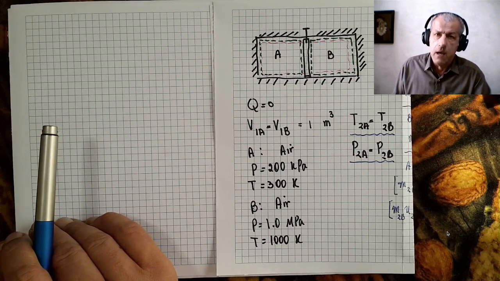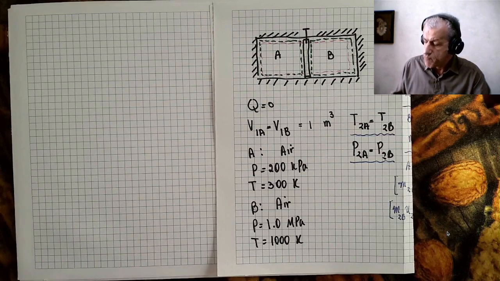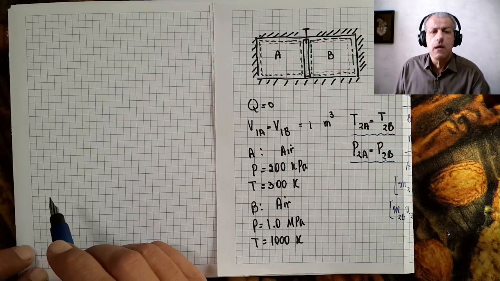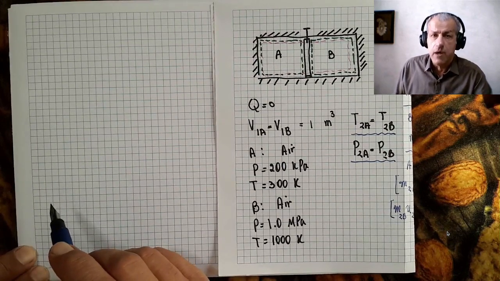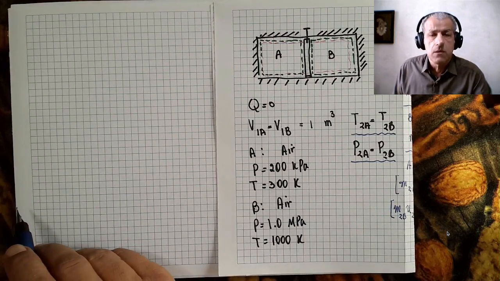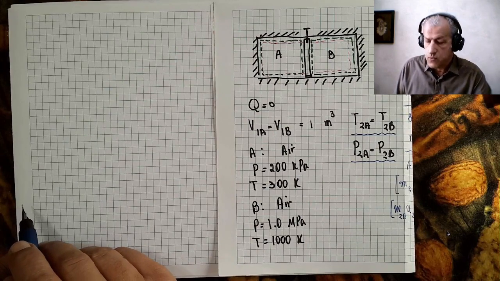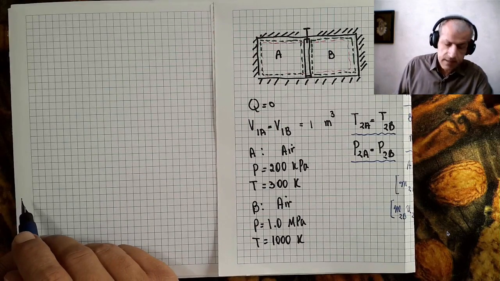Well, it's air, so it's perfect gas. What we could do is to write down the perfect gas law and try to find properties. We have two independent properties to start with, and therefore we should be able to find the rest.